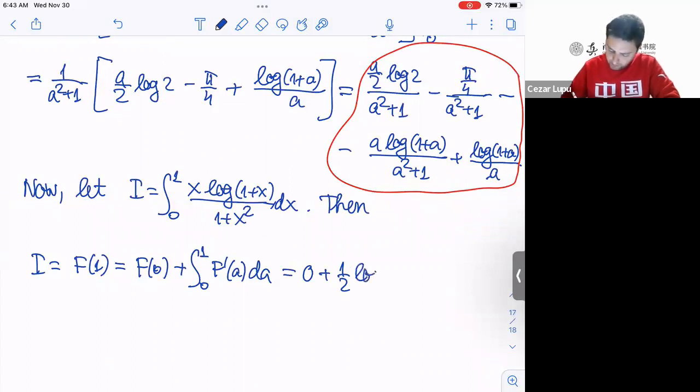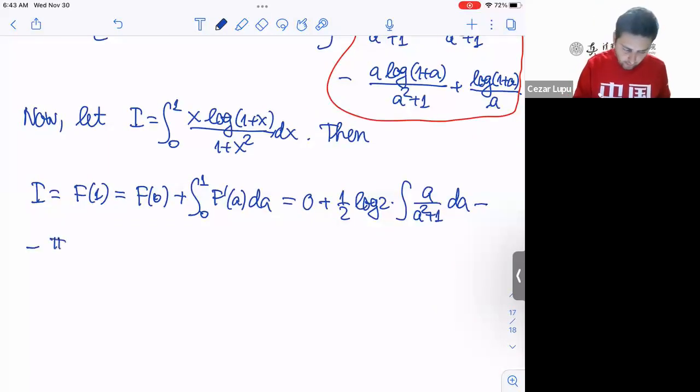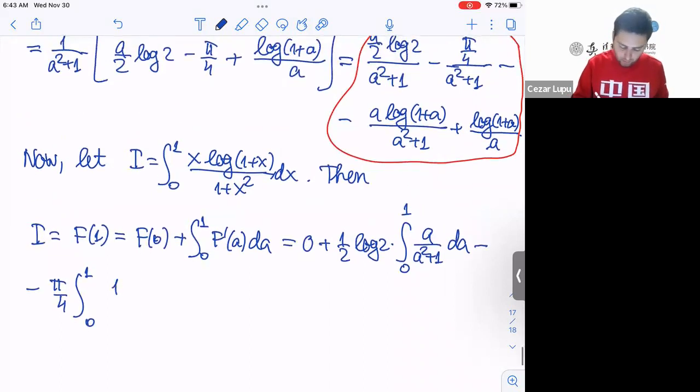1/2 ln of 2 times the integral of a over a squared plus 1 dA, right, minus pi over 4 times the integral from 0 to 1 of 1 over a squared plus 1 dA, minus the integral I, right?